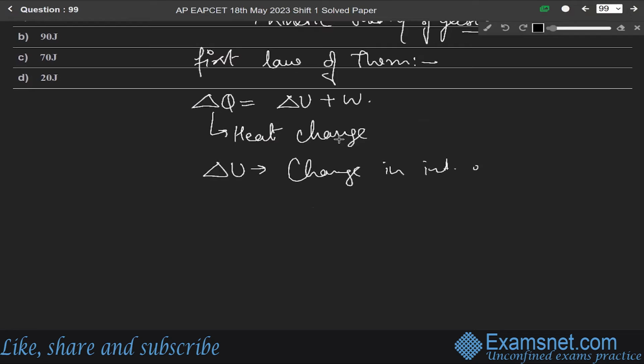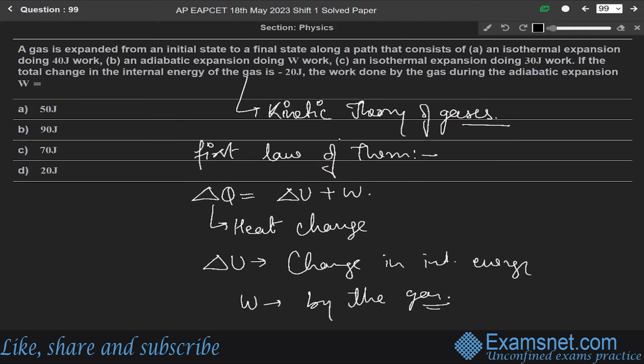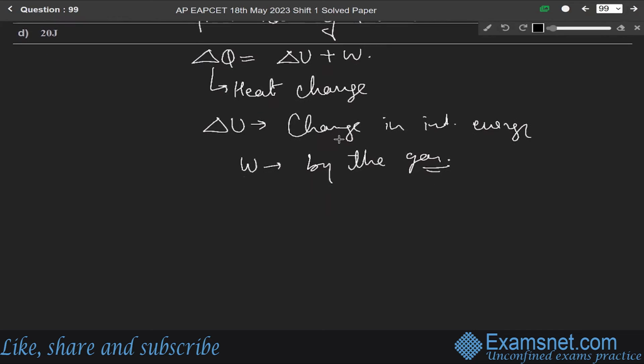Change in internal energy, as we all know. And W is the work done by the gas. Okay. So, given that path A is an isothermal process, according to the question, isothermal process means delta U is equal to 0.